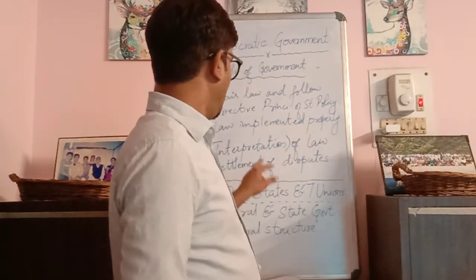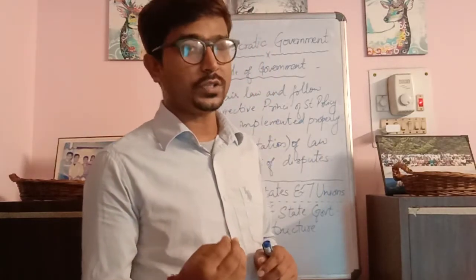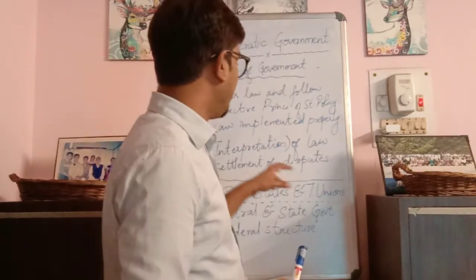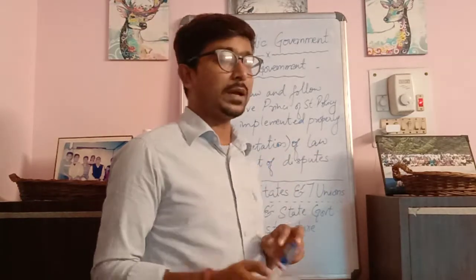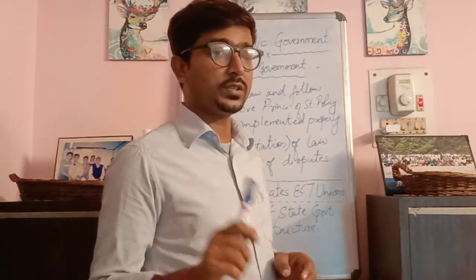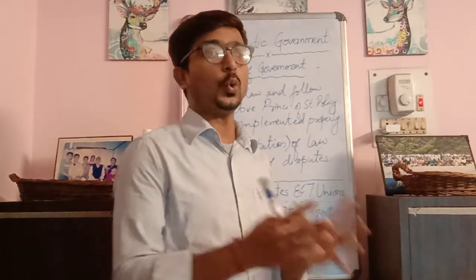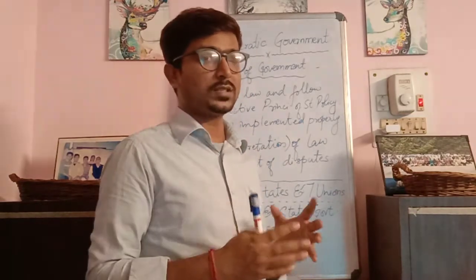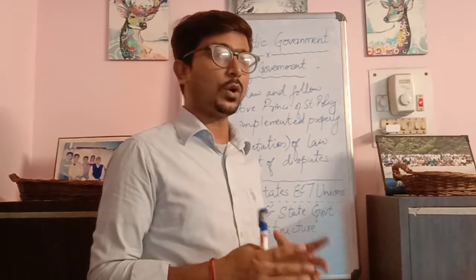Now, as we have already studied, the government as a main body has been divided into three important organs: legislative, executive and judiciary. This interpretation of law is mostly done by the judiciary, which you can call the courts or the law system, the regulator of the law system.